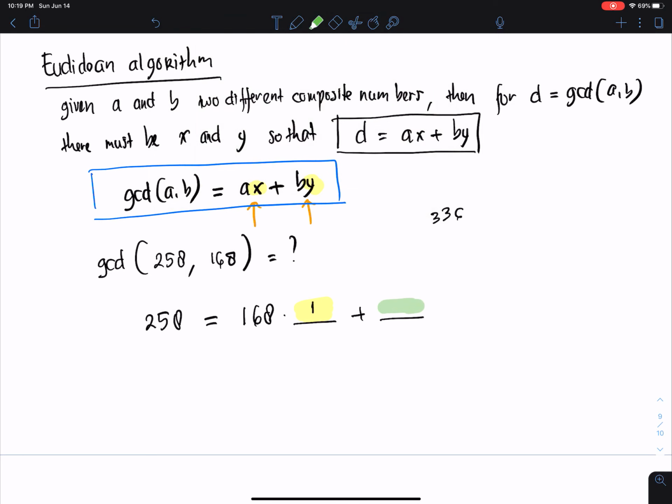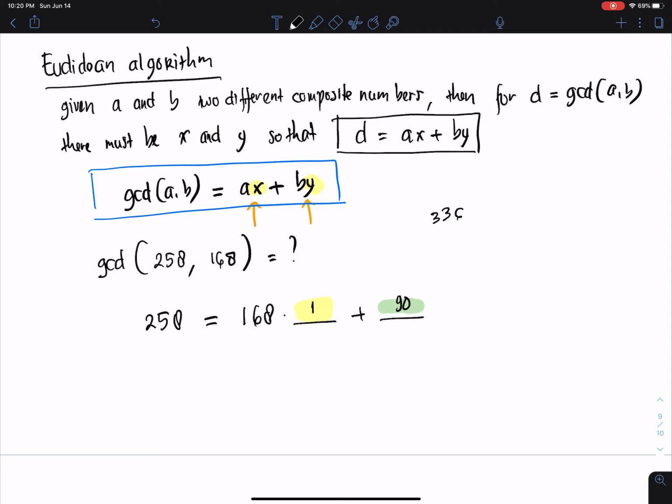So 168 times 1 is 168. What will be the remainder? 258 minus 168, then we get 90 here.